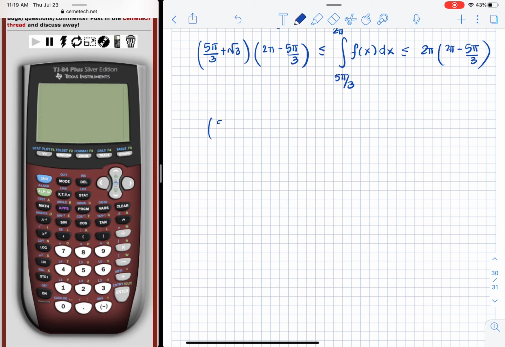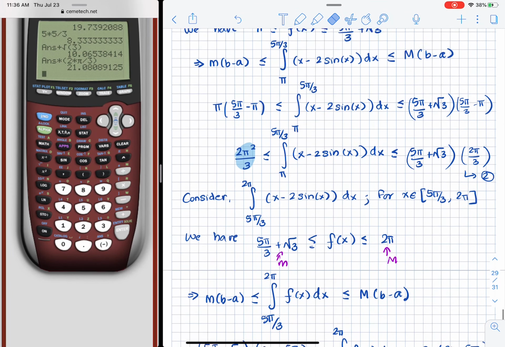So we would have 5 pi over 3 plus root 3 multiplied by pi over 3, and 2 pi times pi over 3. So that is another inequality that we have.